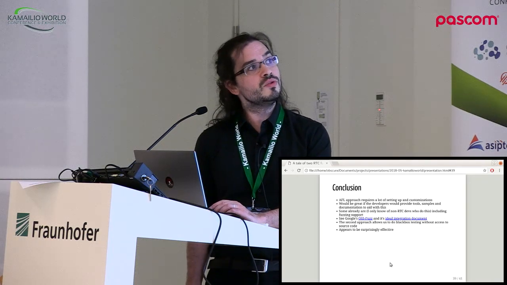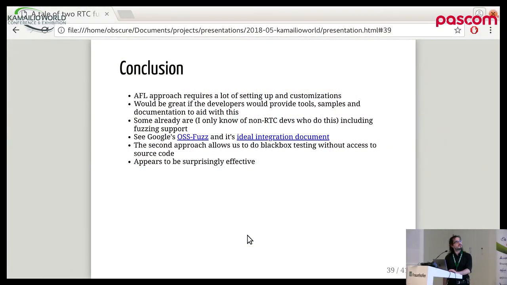So my conclusion is that using AFL would have been much easier if the developers made it easier. I think that approach can be really useful, especially using something like libFuzzer instead of AFL, maybe.